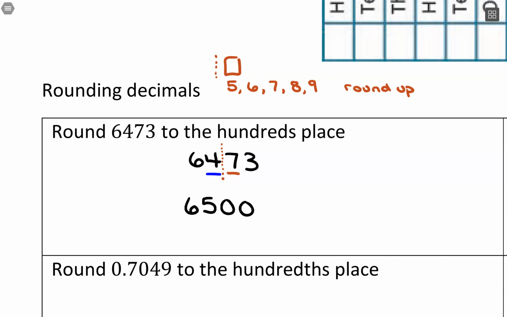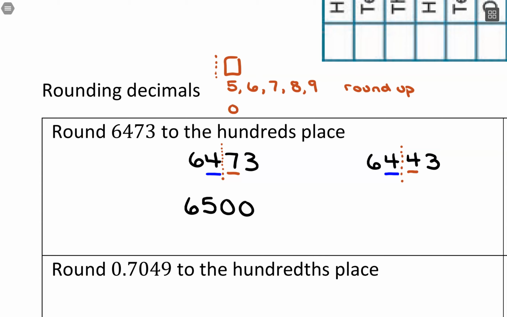Now, if this had been, let's say, 6443, let me just adjust it a little bit. And I was doing the same thing of wanting to round that 4. With that, I need to look at the number that's to the right of it. Now, this number is not 5, 6, 7, 8, or 9.